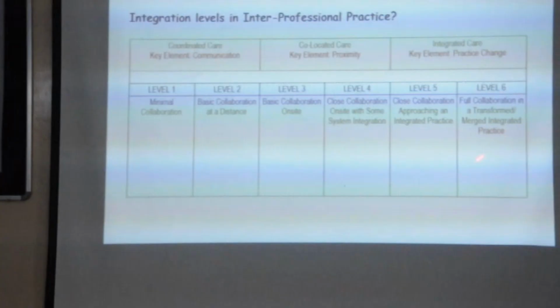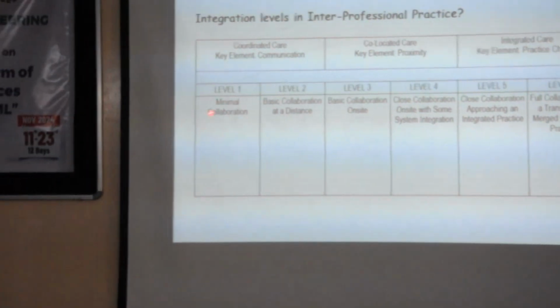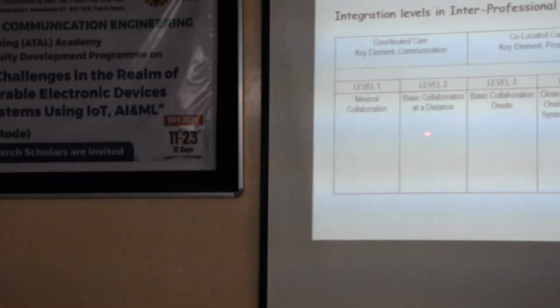So there are many levels of interprofessional practice in the healthcare sectors, whether minimal collaboration, minimal distance, on-site collaboration, or distance integration. For example, if you are to have some imaging of organelles, before going into imaging you may have to understand the metabolic parameters. You will be asked to take blood profiling and heart function tests before getting any prescriptions.